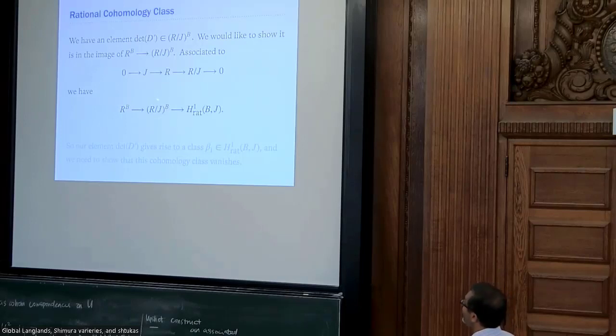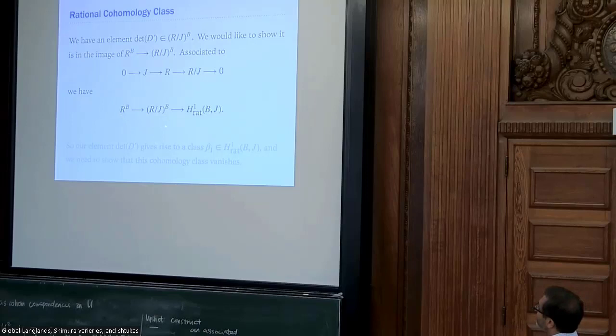So if you have an element that's invariant here, then if you push it forward under the connecting homomorphism associated to the short exact sequence, you want that to be trivial so that it's in the image of this map. We push the element forward to the first rational cohomology, and we want to show that it vanishes so that it lies in the image of the invariants, which by matrix invariant theory, due to De Concini and Procesi, is the ring of traces and determinants.